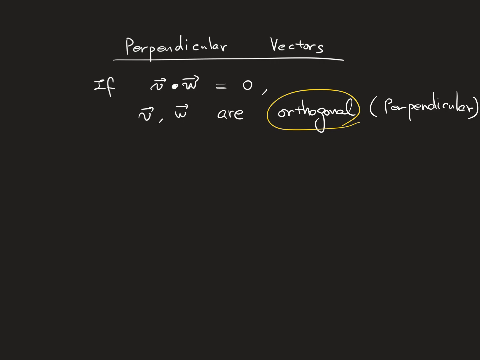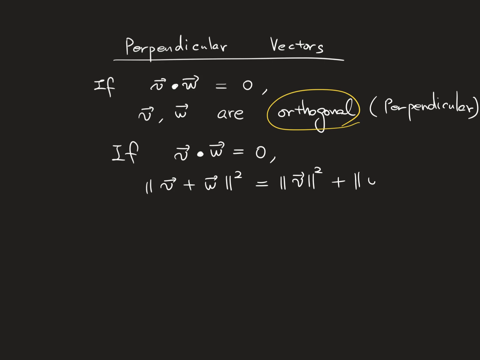And if v and w are orthogonal, then the Pythagorean theorem holds. Yeah, we know that already. So the norm square of v plus w is the sum of the norm squares of each vector.